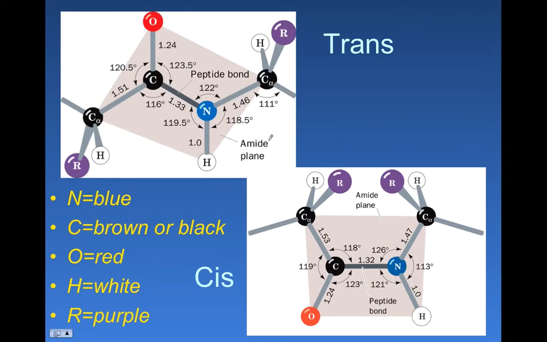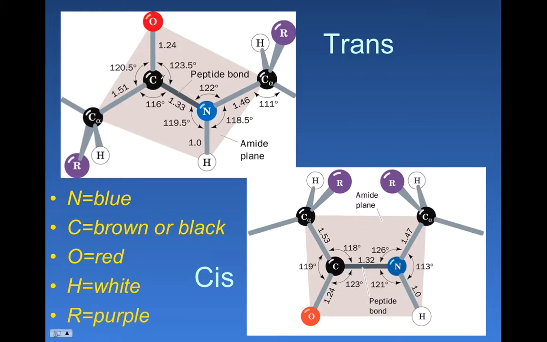Now, if our peptide bond is frozen in place as a double bond, establishing this plane, really there's only two major bonds that we have to worry about rotating. Okay? And we're going to name those bonds phi and psi, and they are the bonds that flank the alpha carbon.